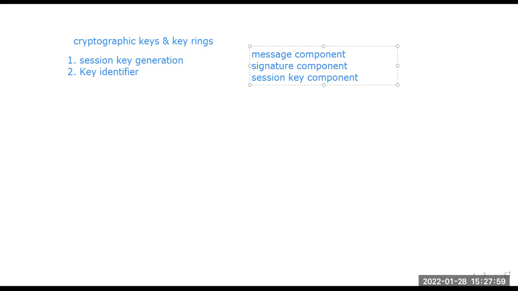These are the components used for this process. The message component includes the actual data that needs to be transmitted, as well as the file name and the timestamp that specifies the time of creation.